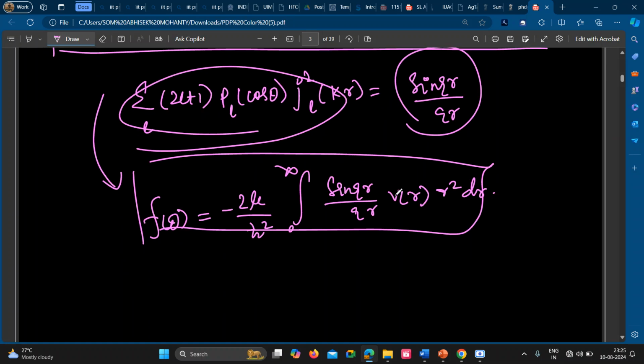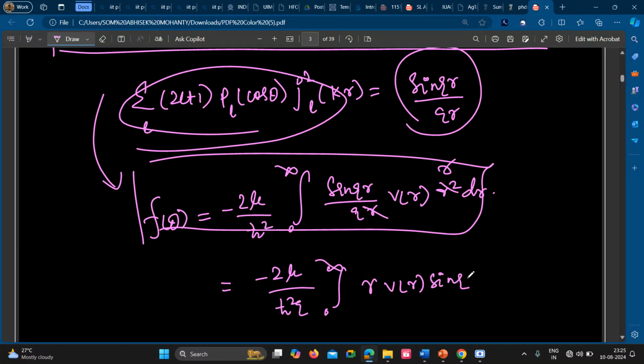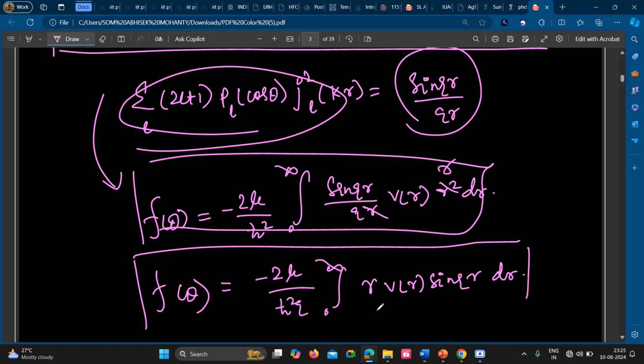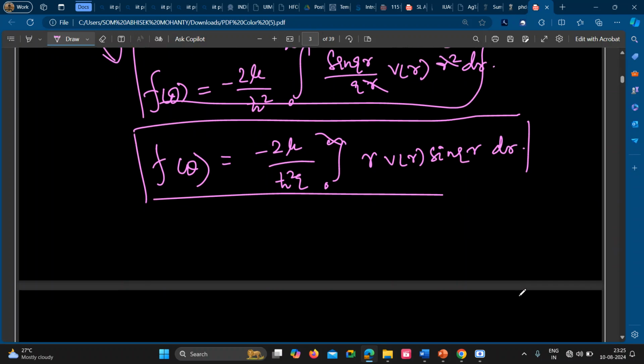If you see, I cancel this r and take out this q. This will be minus 2 mu by h cut square q, integration 0 to infinity r V(r) sin(qr) dr. If you remember, this is the expression we used in a question in the previous class. So this is called the scattering amplitude for central potential.